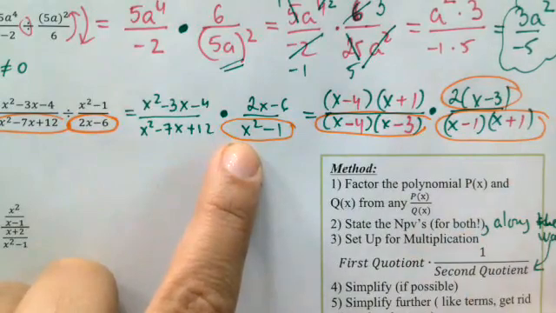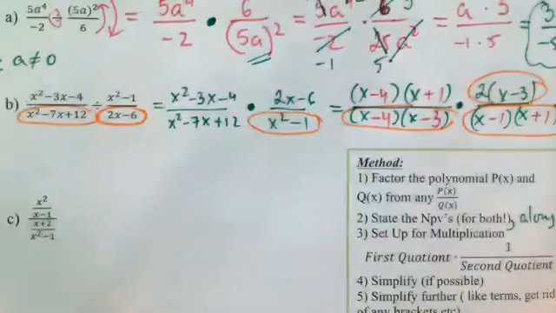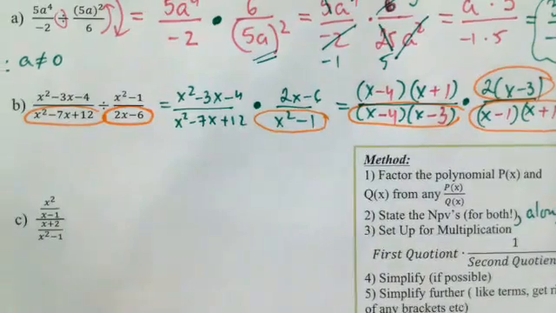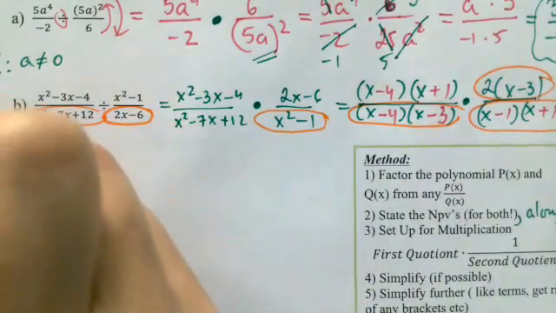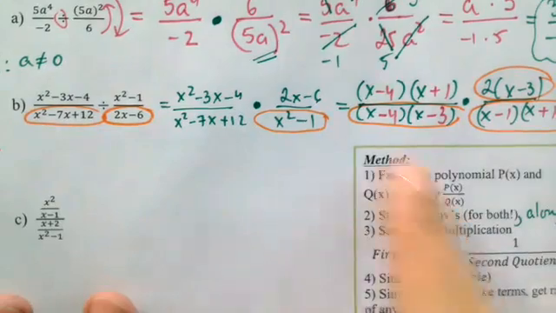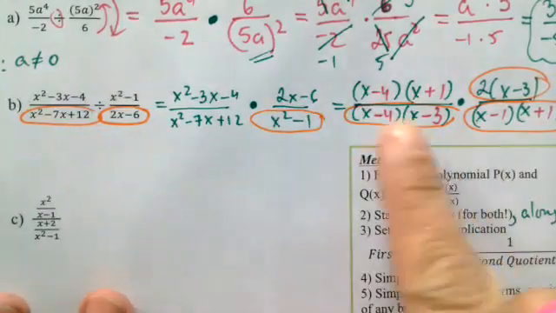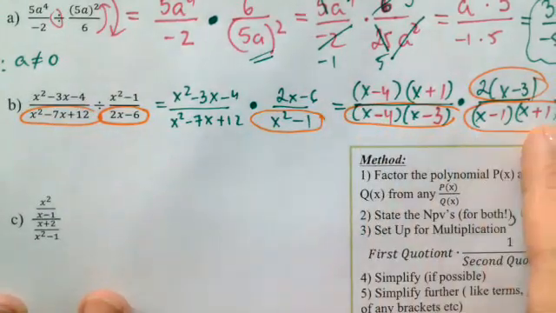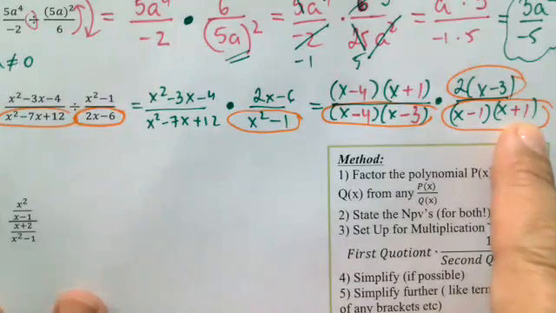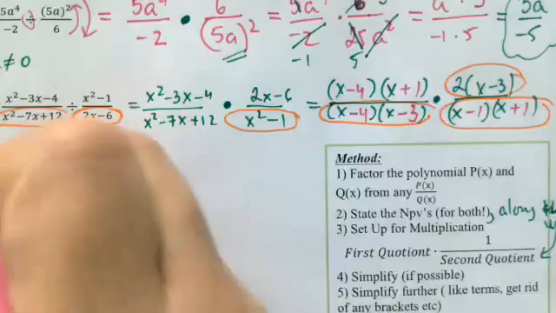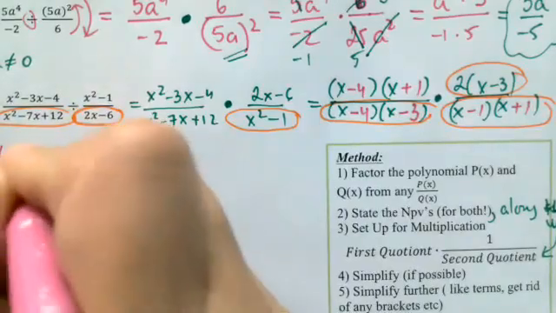So you have a bunch of NPVs from 3 spots now because of that reciprocal. So NPVs: we have a 3, a 4, and -1, right? Make sense? So x cannot be -1, cannot be 3, cannot be 4.